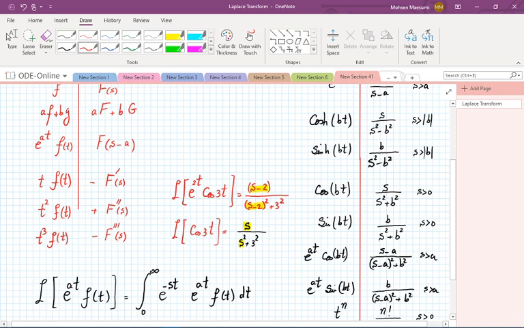So if you want to insist on a general rule, although we are not going to use it all that much, if you have a power n being a whole number, this will be minus 1 raised to the power of n, and now we want to indicate n differentiations.